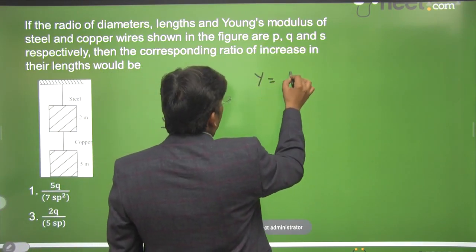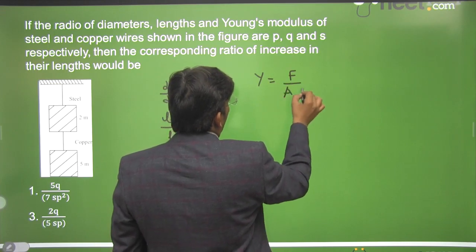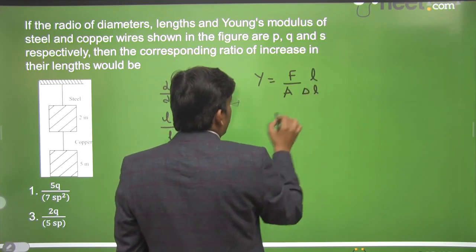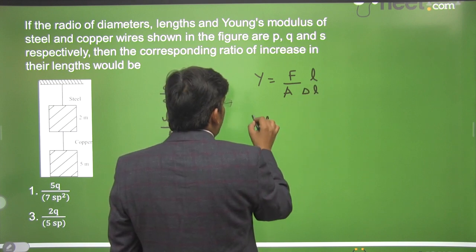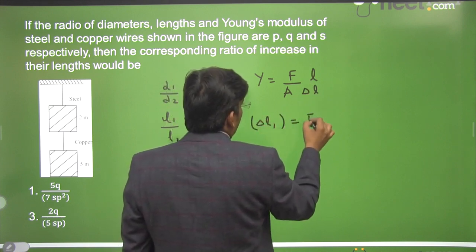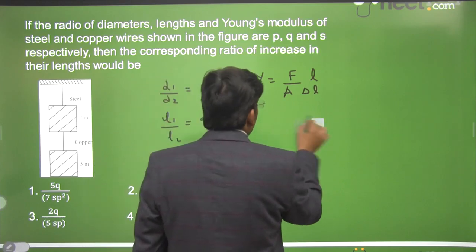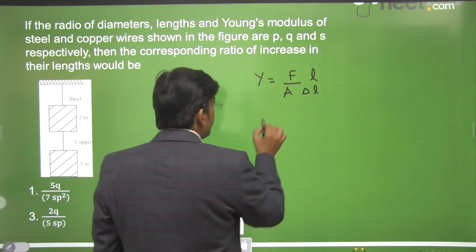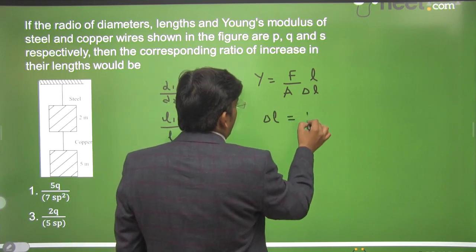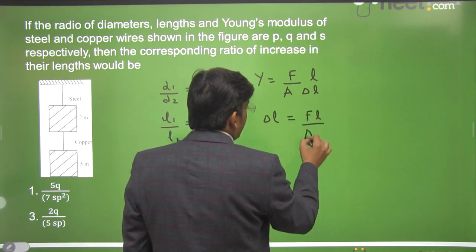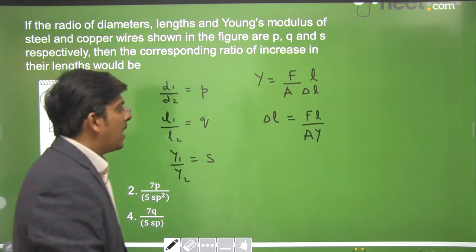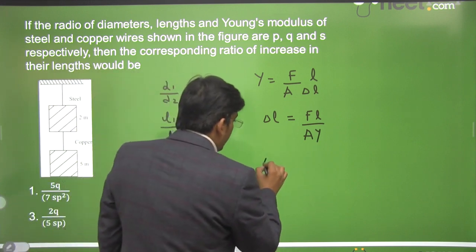Young's modulus is equal to force upon area, change in length divided by original length. Change in length is going to be equal to F into L divided by capital A into Y, right? So now we are asked to find the ratio.